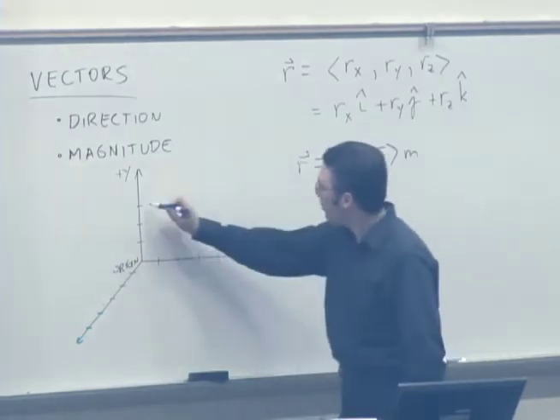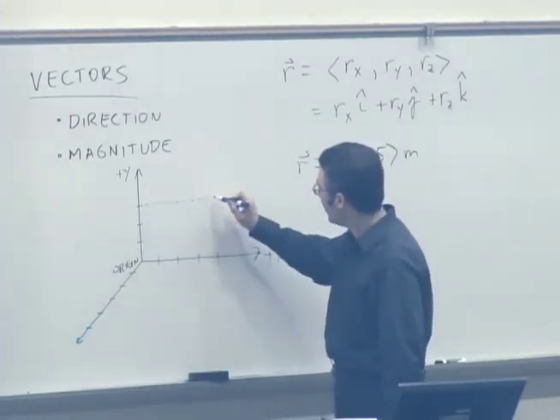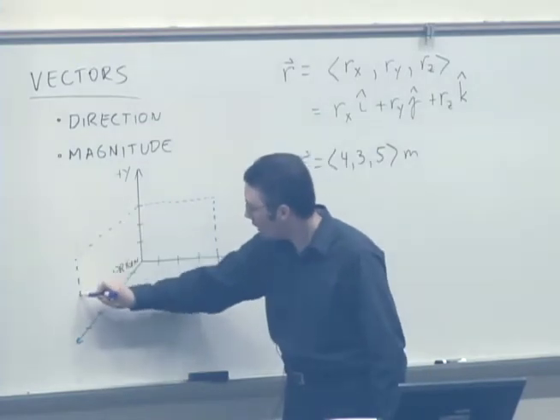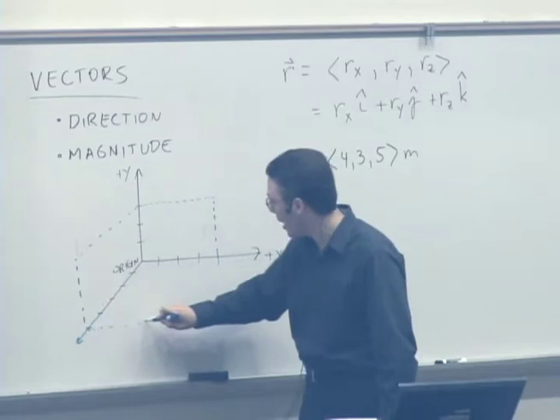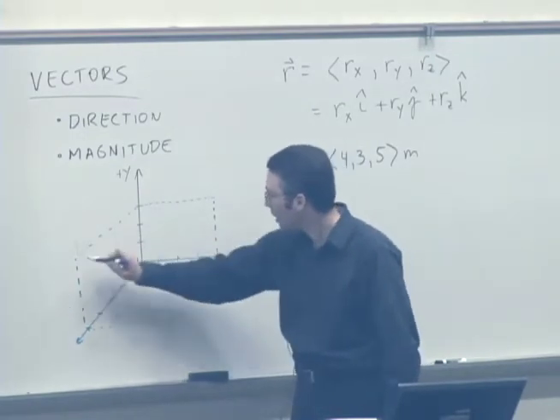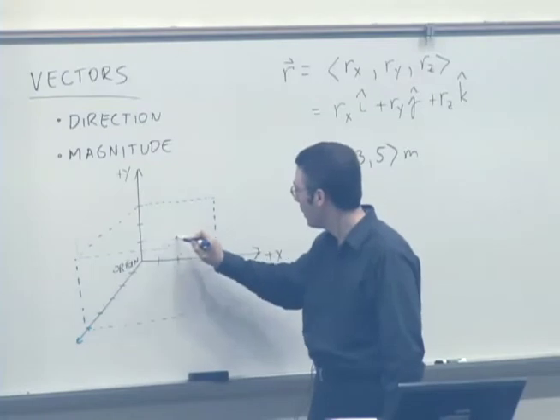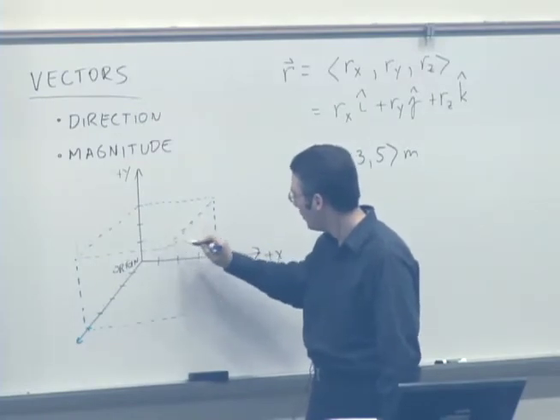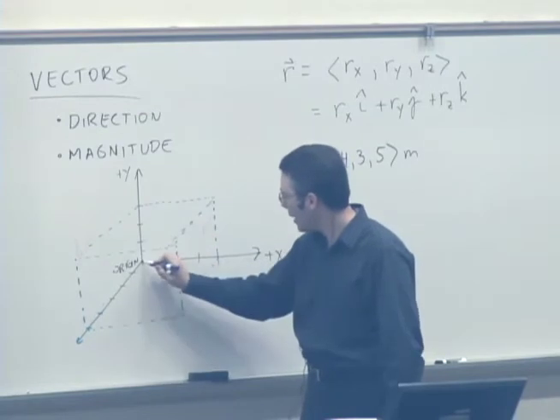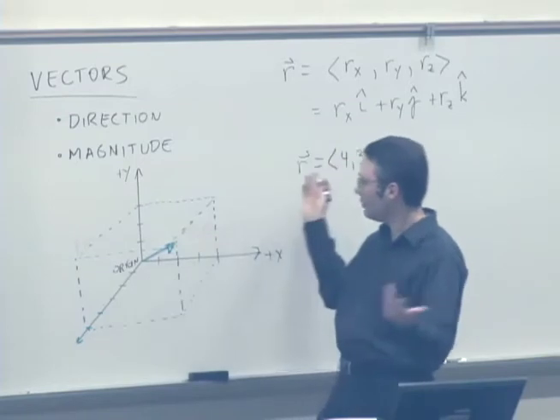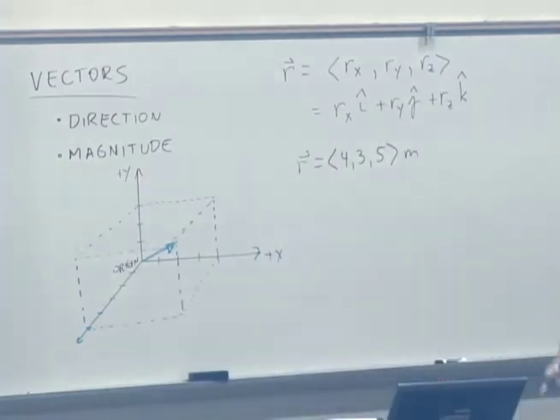And then you can think about a 3D vector just being an arrow that extends from one corner of a box that is bounded by these sides given by the components. And that's a little tough to draw. So the vector would extend from the origin to that corner. Okay, a little tough to draw in 3D, but you get the basic idea.